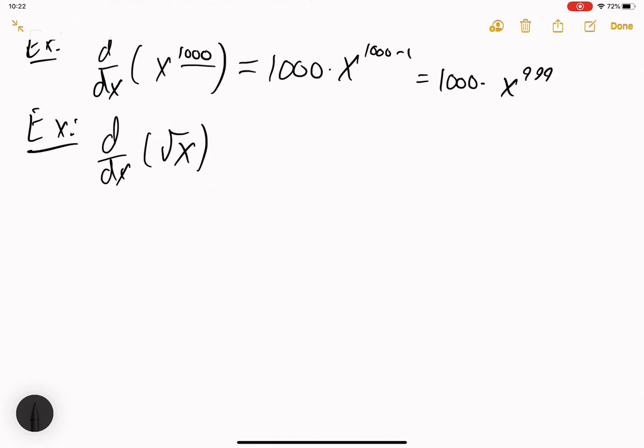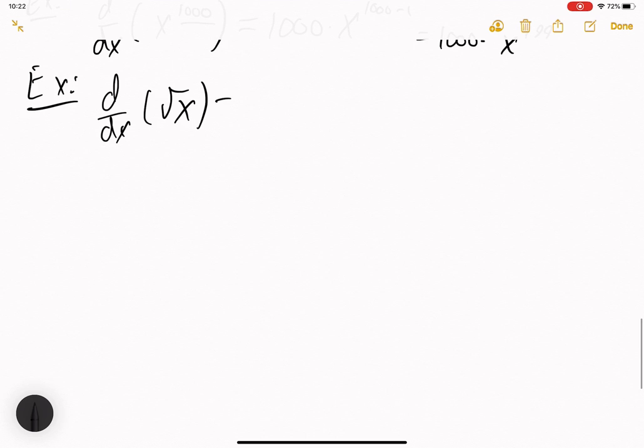This is one of those important things we're going to have to touch upon: you have to learn how to rewrite your x's as their numerical powers. When I see the square root of x, I really think x to the 1/2.